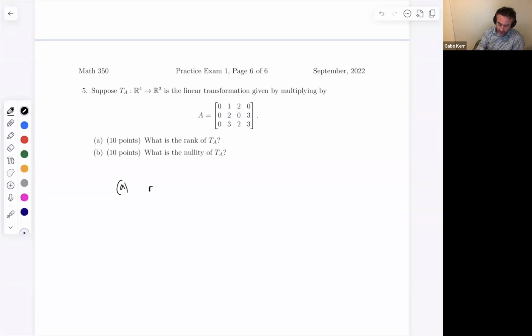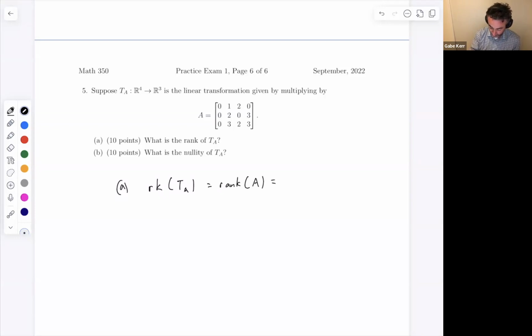Sometimes it's written like this, sometimes it's written out as rank. When you talk about the rank of the matrix, it's the same as the rank of multiplying by that matrix. It's also the dimension of the column space, the dimension of the row space, and it's also the number of pivots, which is what we saw before.